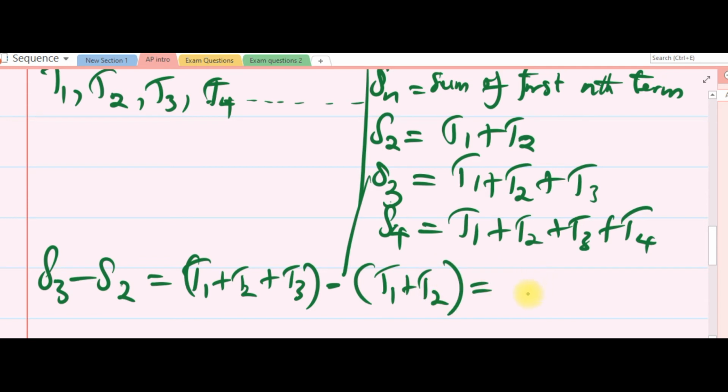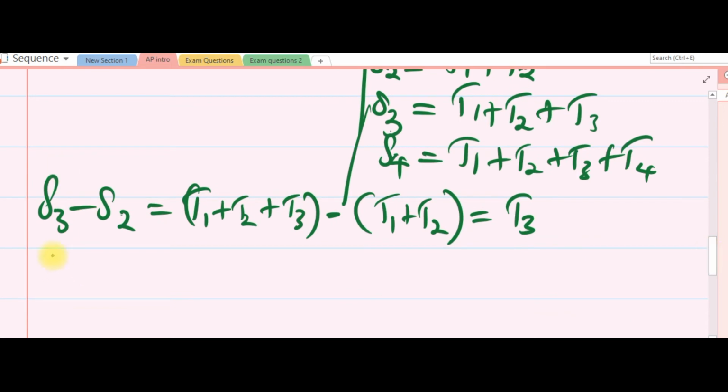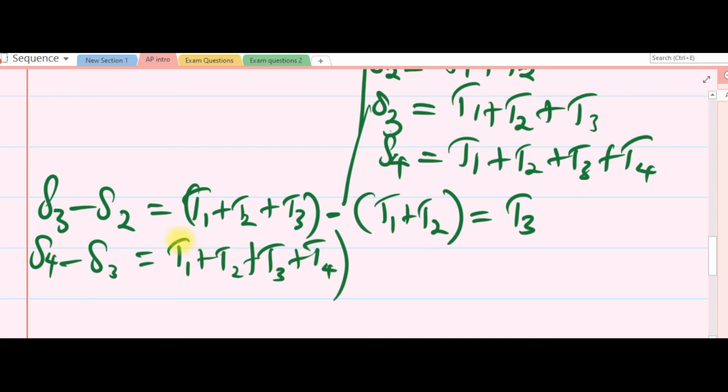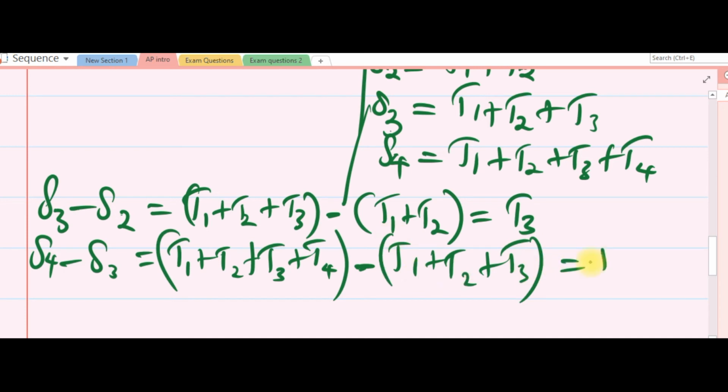You notice the result will be T3. Again, let's check another one. If we do the sum of the first four terms minus the sum of the first three terms, it's T1 plus T2 plus T3 plus T4 minus (T1 plus T2 plus T3). What do you notice? It will give us T4.